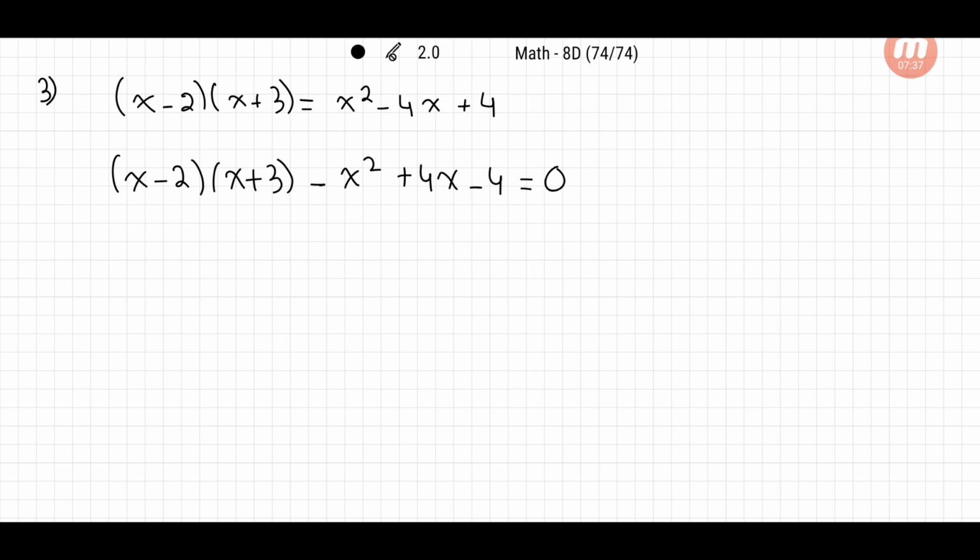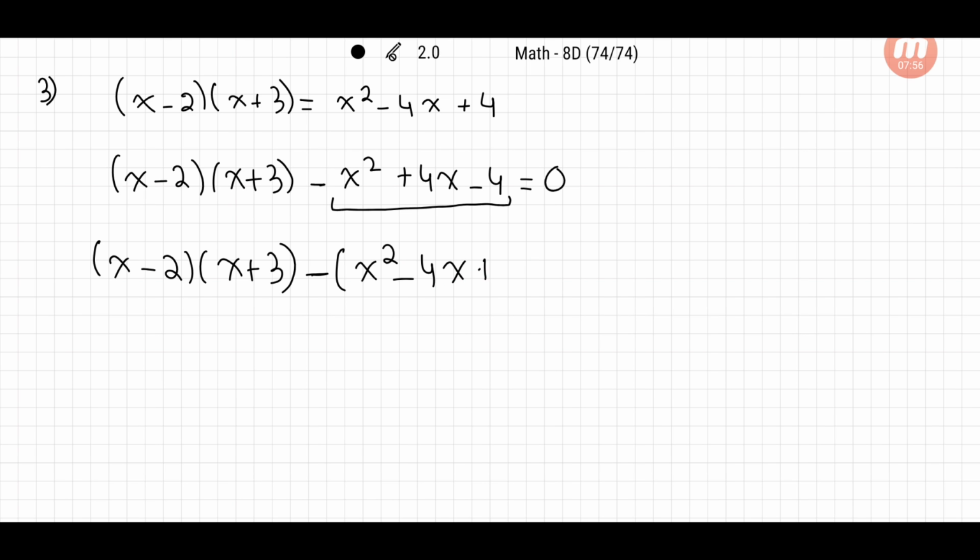Okay. Now I try to factorize my equation. So I have the first and the third term negative, so I need to take minus as a common factor. I'm left with x squared minus 4x plus 4, if I take minus as a common factor, equal to 0.